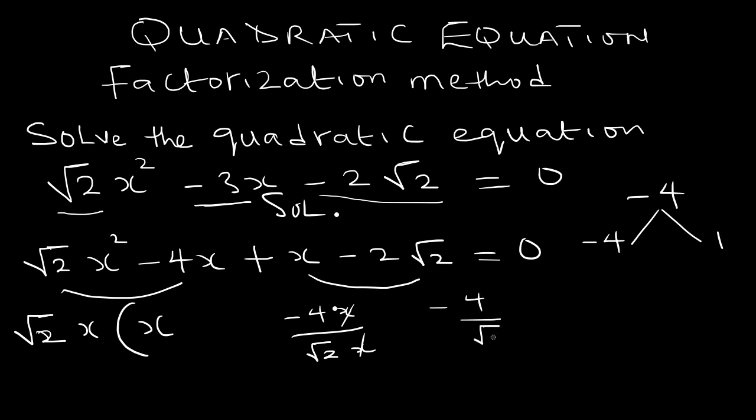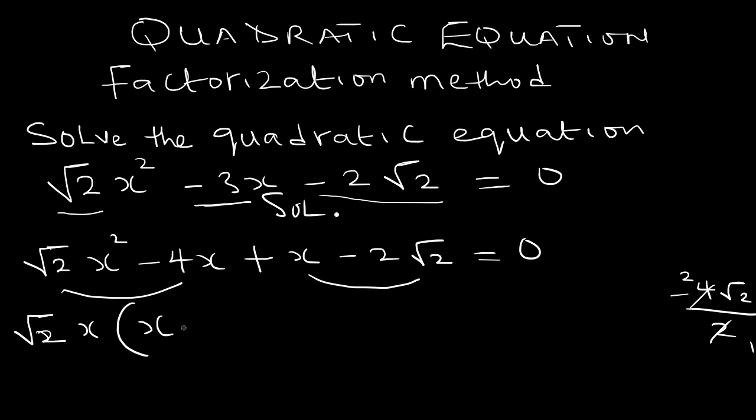Minus 4 over root 2 multiplied by root 2 over root 2 gives us minus 4 root 2 all over root 2 times root 2, which is 2. So 2 will cancel 4 to give us 2. So here we have minus 2 root 2 as our remainder.